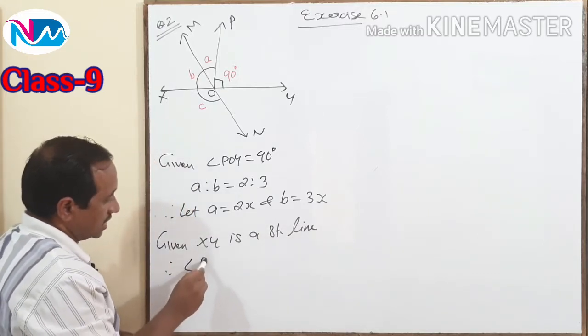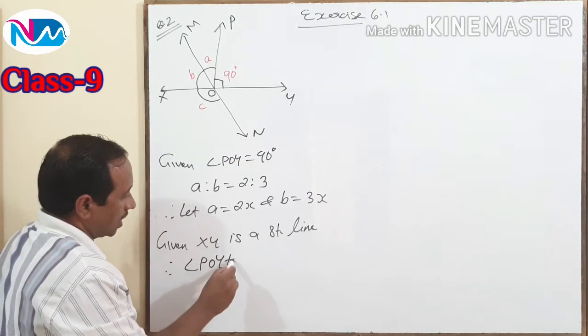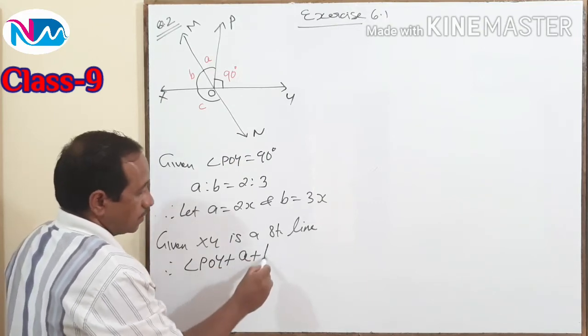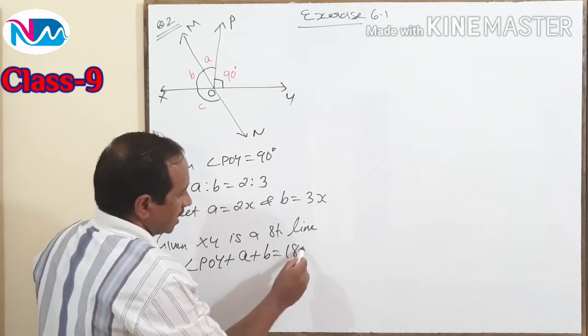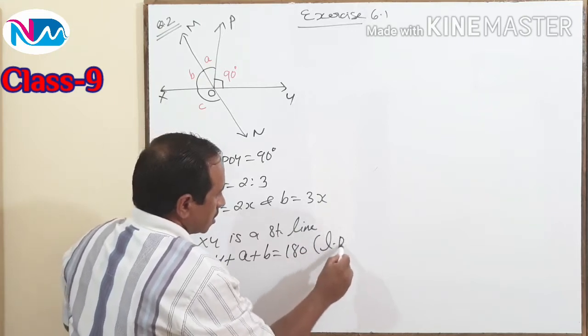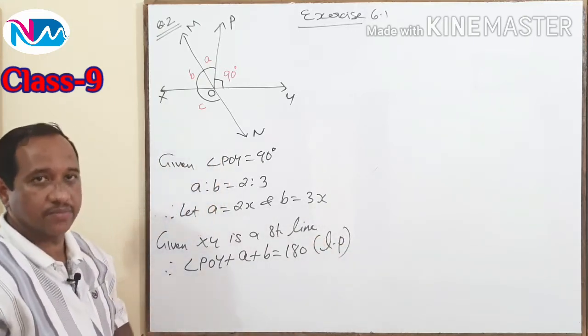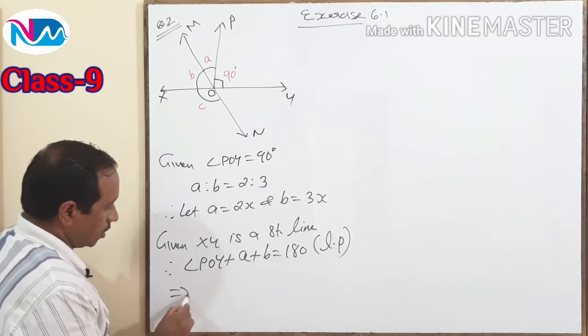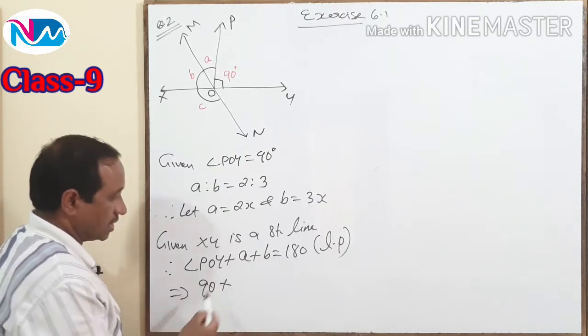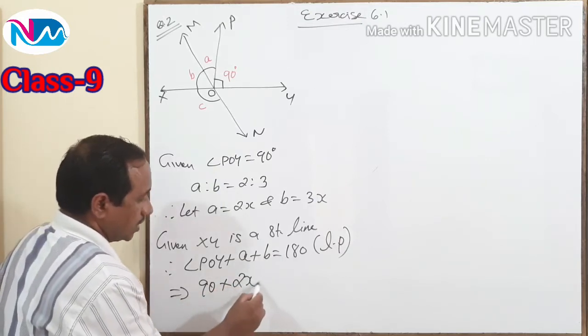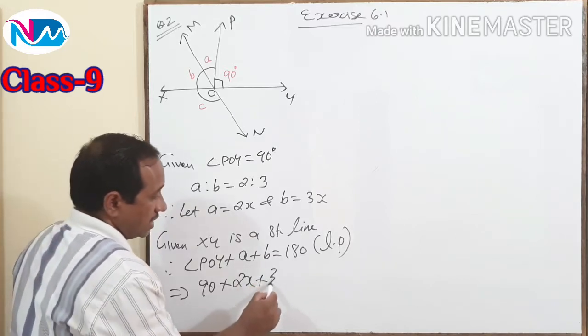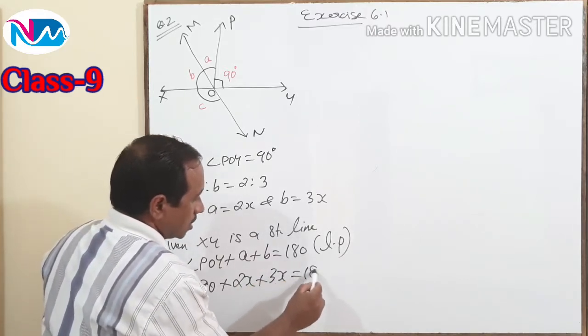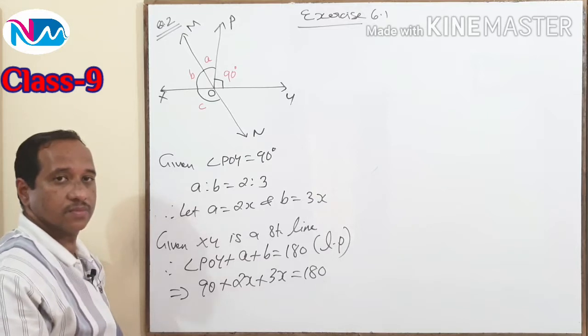Therefore, angle POY plus a plus b is equal to 180 because they form a linear pair. Angle POY is 90 plus a is 2x plus b is 3x is equal to 180.